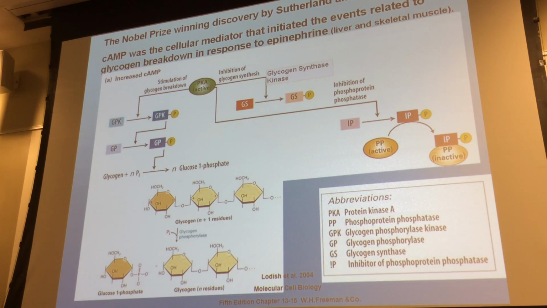Now let me give you a little rationale about why we want to begin working through a kinase. So this is the response that was discovered, from the Nobel Prize that was won in the 1960s when cyclic AMP was identified to be a second messenger, and it was all related to the ability of the liver to take glucose, make it into glycogen, and then break down glycogen back to glucose 1-phosphate to be released after you've taken the phosphate off so that the bloodstream can get more glucose.